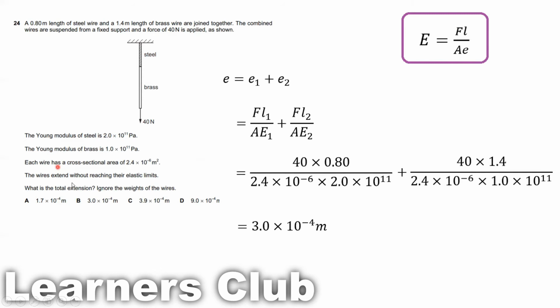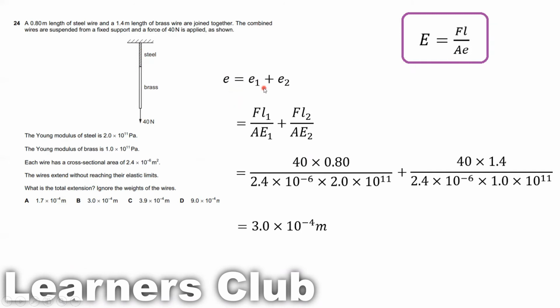We need to find the total extension. We already know Young's modulus is equal to stress by strain. If you write it in detail, you get force times length divided by cross-section area times extension. The question says the wires extend without reaching their elastic limit. So the total extension of the steel plus the extension of the brass will be the total extension.